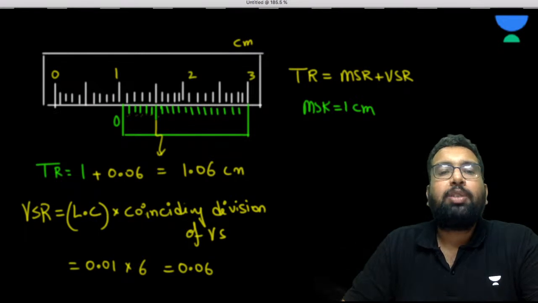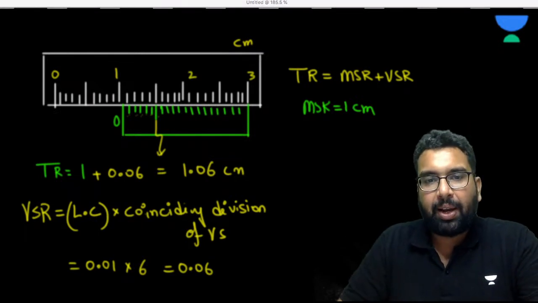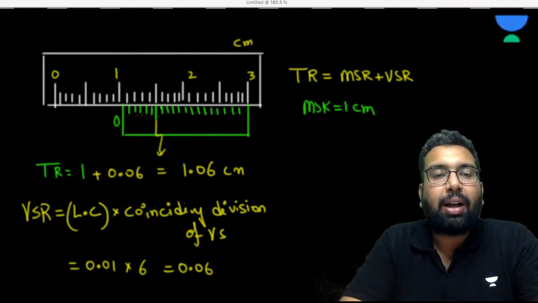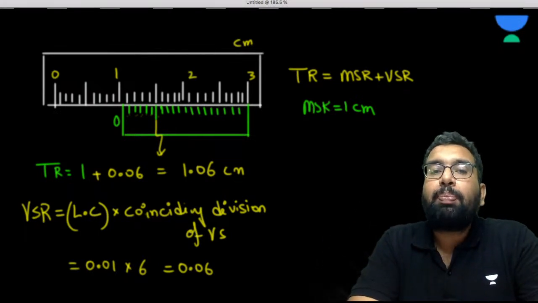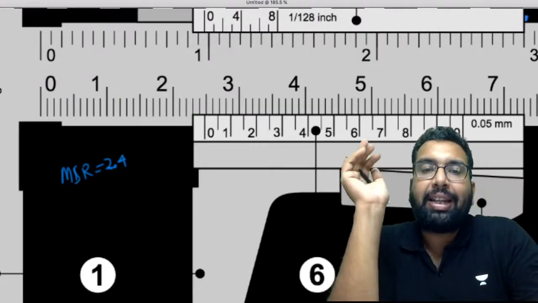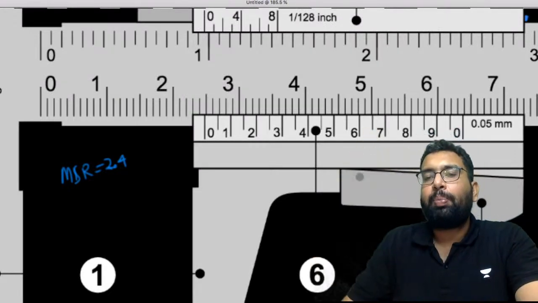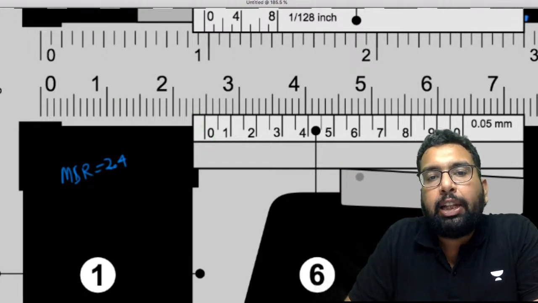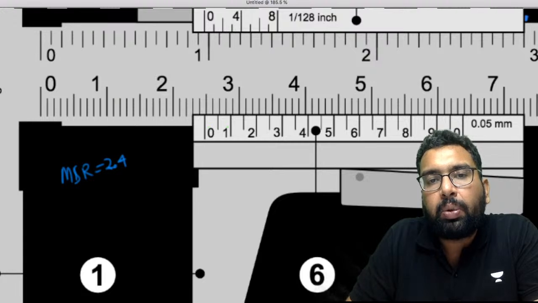Now you see that you have managed to measure up to 2 decimal places using this. Let's try to make another measurement. Now MSR is 2.4 clearly. Now see the coinciding division: 0, 1, 2, 3, 4, 5, 6, 7, 8, 9, 10.